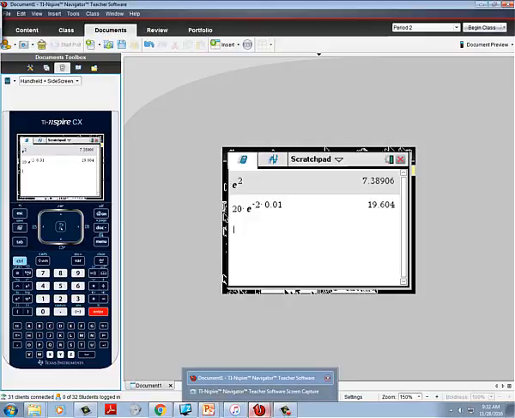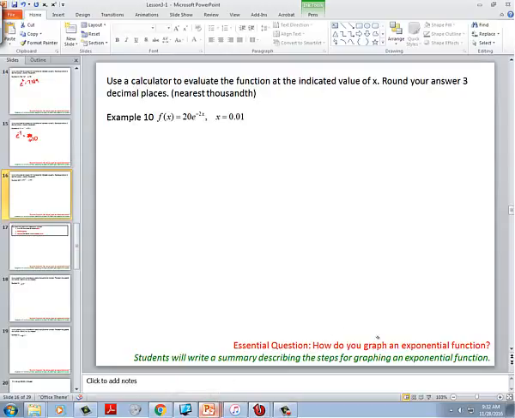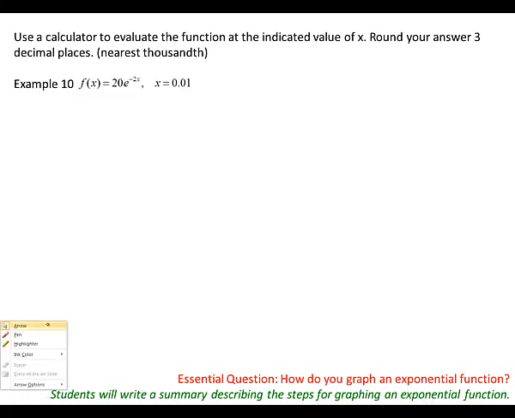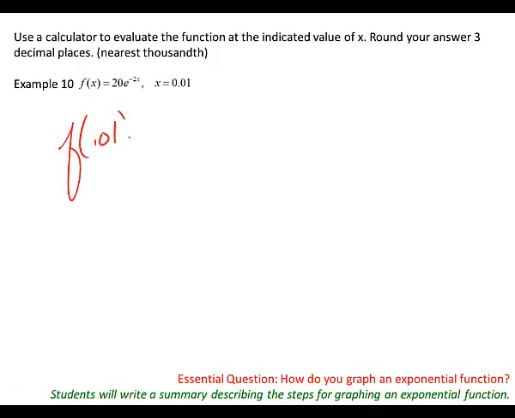Everybody good with that? So probably when I'm doing my homework, I would write down f of 0.01 equals 20e to the -2 times 0.01, and we said it was 19.604.